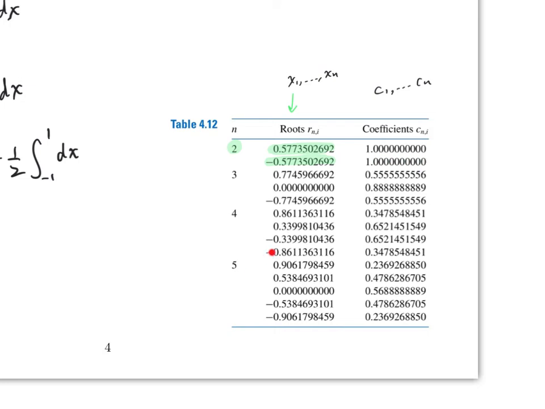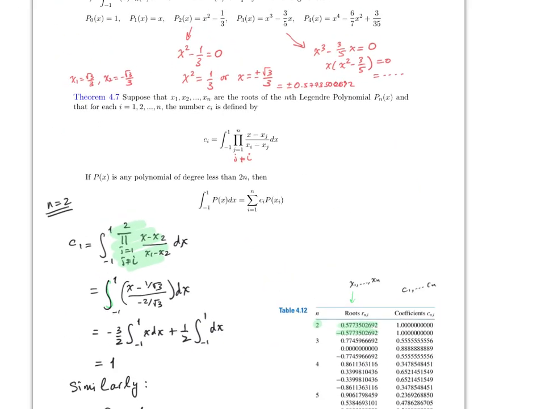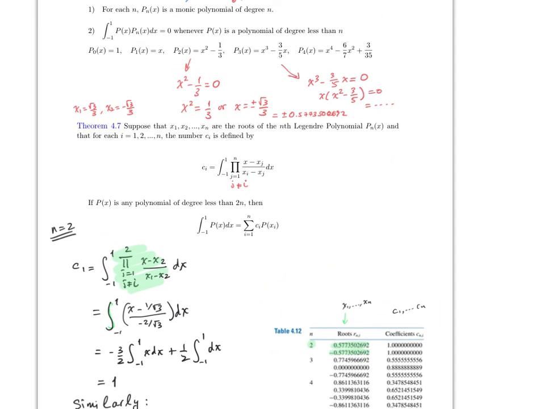Now if n was equal to 3, I already mentioned here that clearly one of the x values has to be 0, and the other ones will be the square root of 3 over 5.